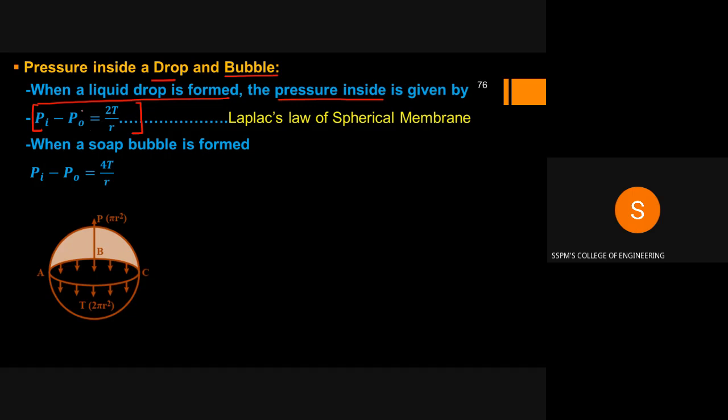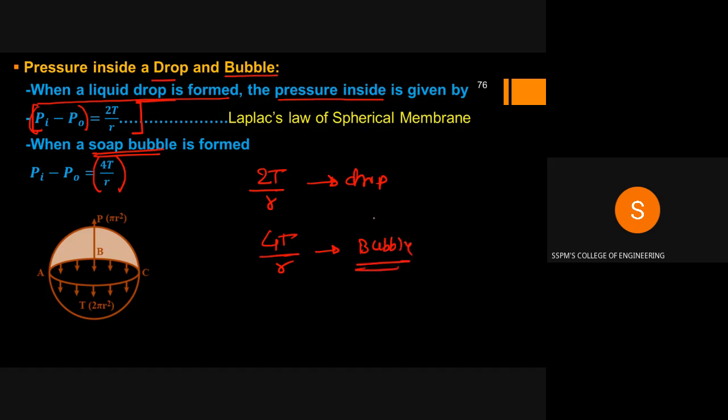Basically, this relation is for the gauge pressure, 2T upon R. And when a soap bubble is formed, the pressure is 4T upon R. So remember these two relations: for a liquid drop, it is 2T upon R, and for a soap bubble, it is 4T upon R.